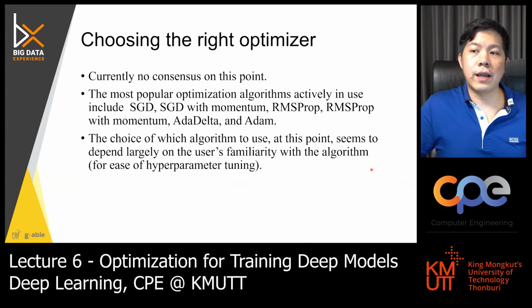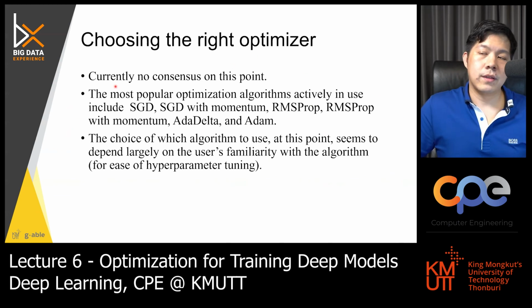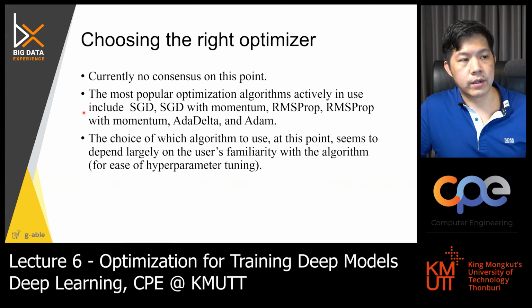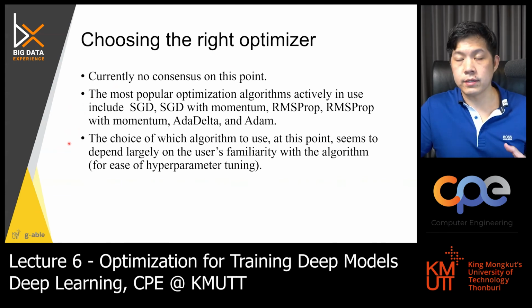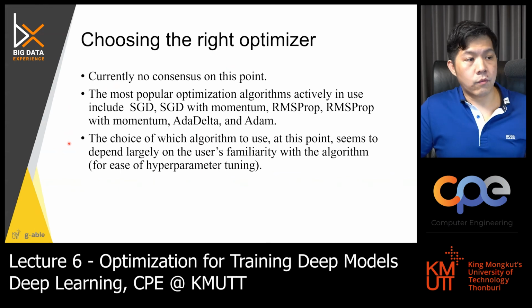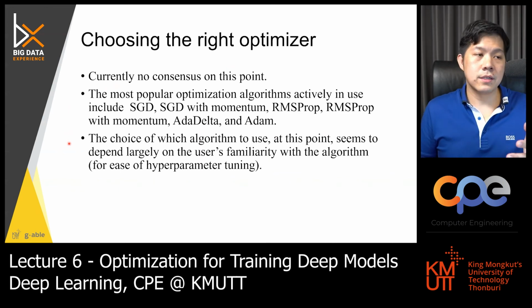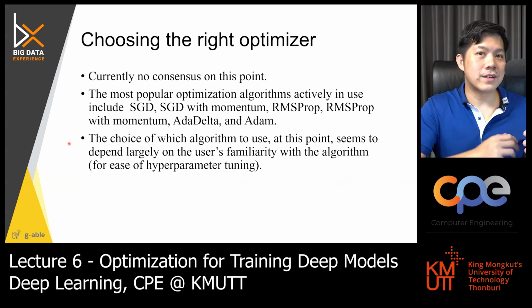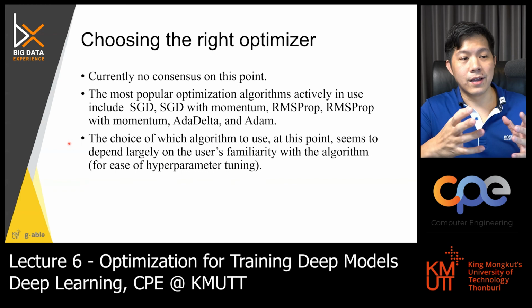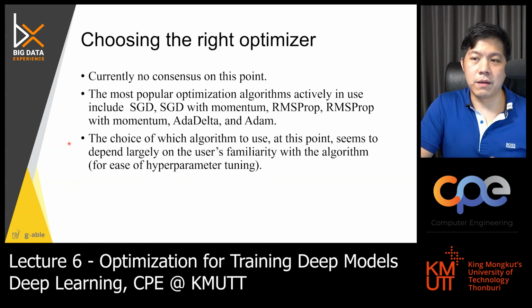So just try it out, and there's actually not one correct algorithm. As I said, some will accelerate you to the optimal solution faster than others, but whether it will give you an overfitted model or not doesn't depend on these optimizers. There are still other techniques that need to be considered for overfitting.